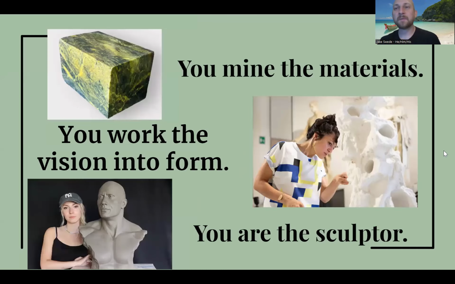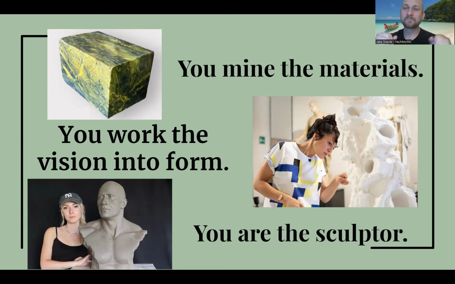If you remember from our last training, we talked about evidence creation as a process where basically you're sculpting the arguments and ideas for these students. The metaphor we used last time is that you're the one that mines the materials. That's getting the actual research and evidence and putting it together in subtopics and what have you. You're the one that works that vision into the form.